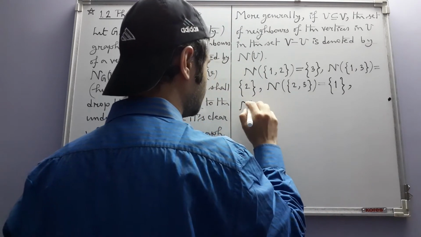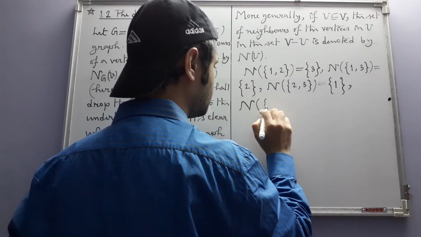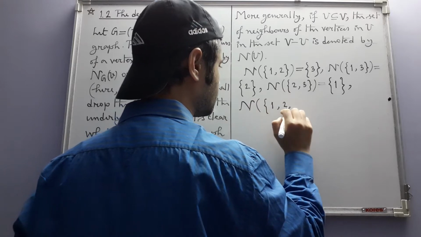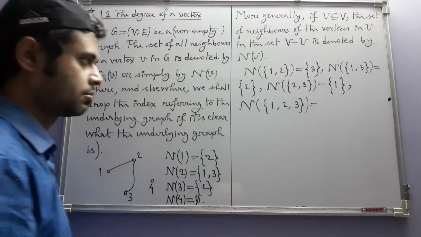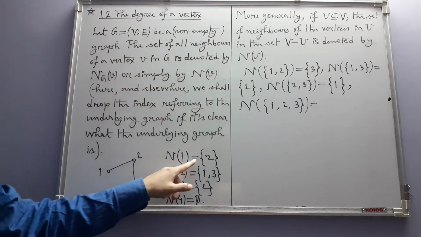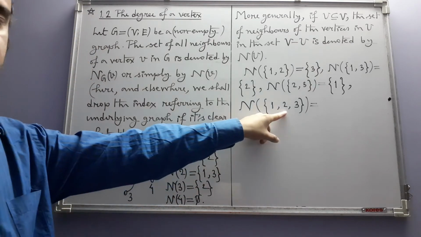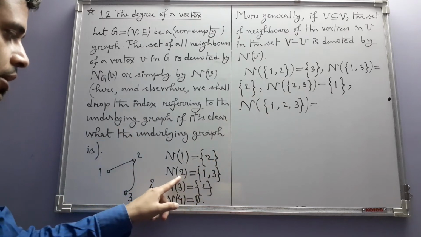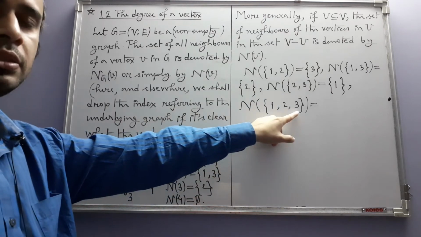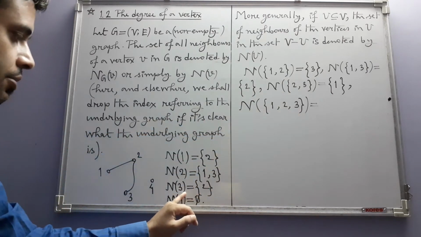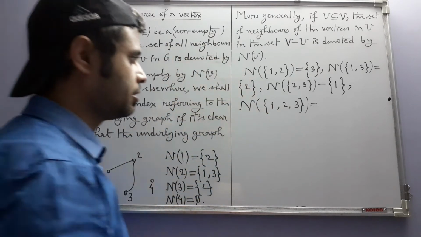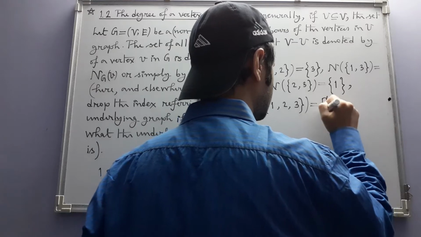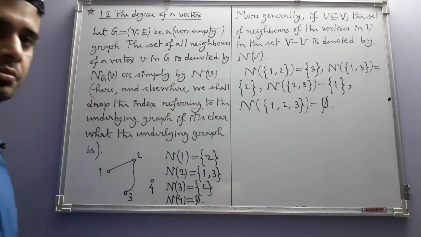Let's calculate one more. The neighbor of 1 is 2, it's there in the set, cannot be considered. The neighbors of 2 are 1 and 3, they also cannot be considered, and the only neighbor of 3 is 2, that also cannot be considered. So in this case, this is the empty set.